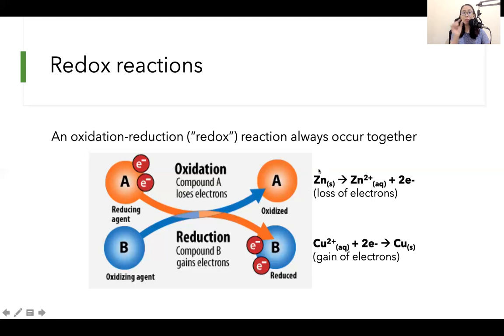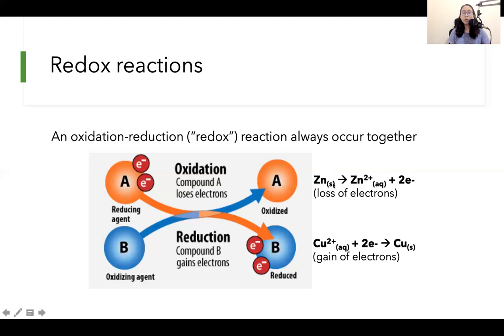An example is if we have zinc. If you have a piece of zinc metal, when it undergoes oxidation, it becomes zinc ion. You notice it now has a positive charge because your zinc, initially neutral, gave off two electrons. So the charge now is positive 2.